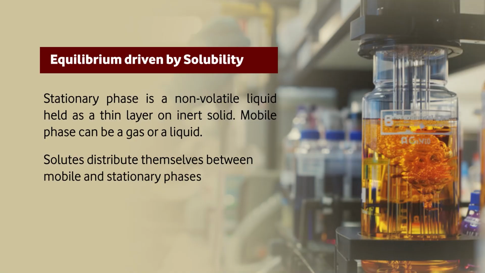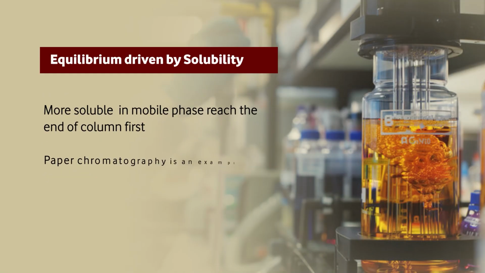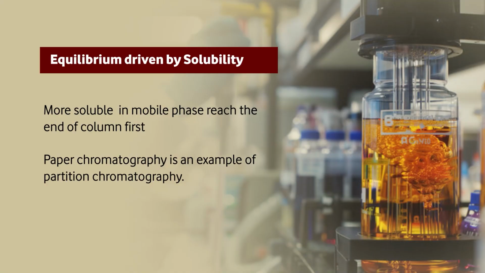That non-volatile liquid layer will have an affinity for the components. So if components are more soluble in that non-volatile liquid layer, they will stay there and move slowest. If they are more soluble in the mobile phase, they will move fast. So those more soluble in the mobile phase reach the end of the column first, and the solutes will distribute accordingly.